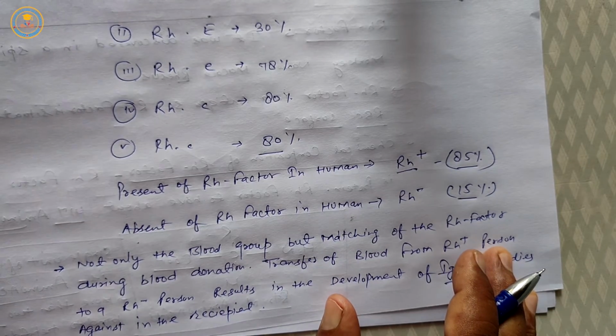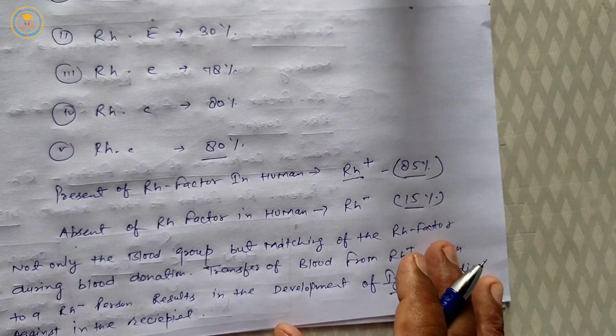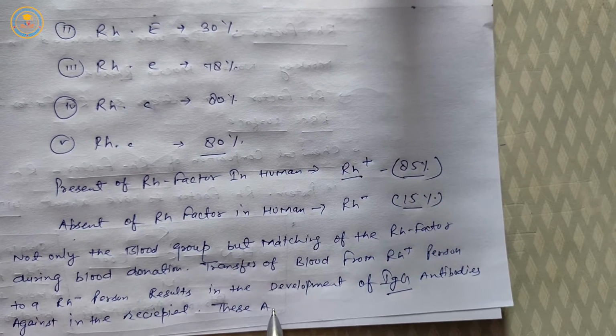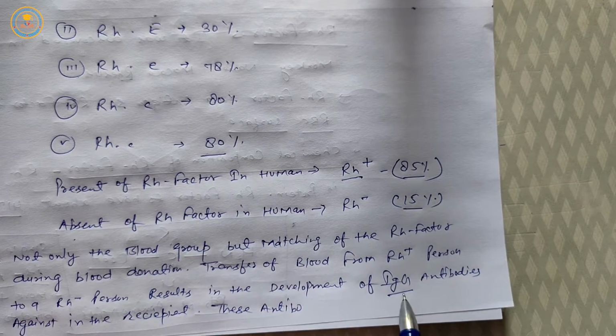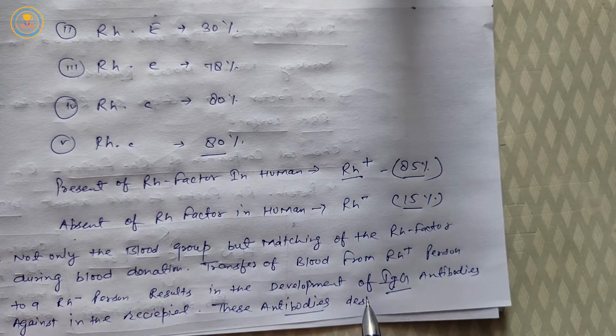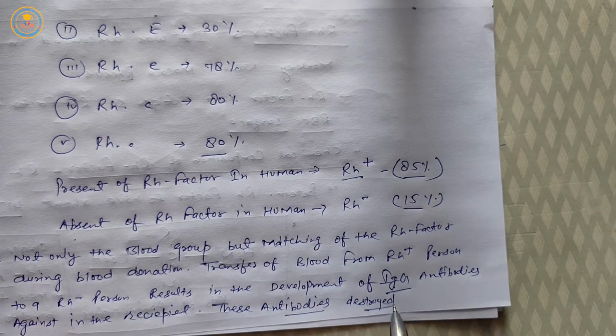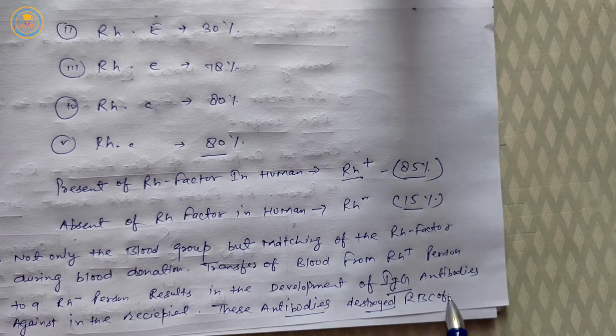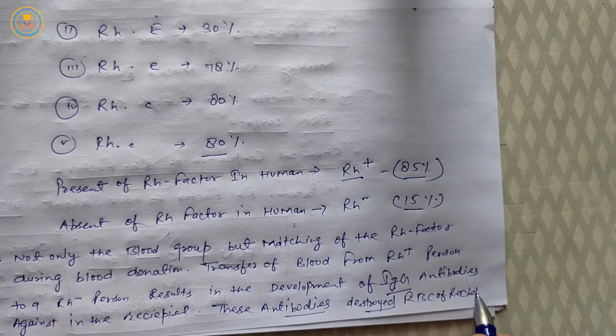These IgG antibodies destroy the RBC of the recipient.